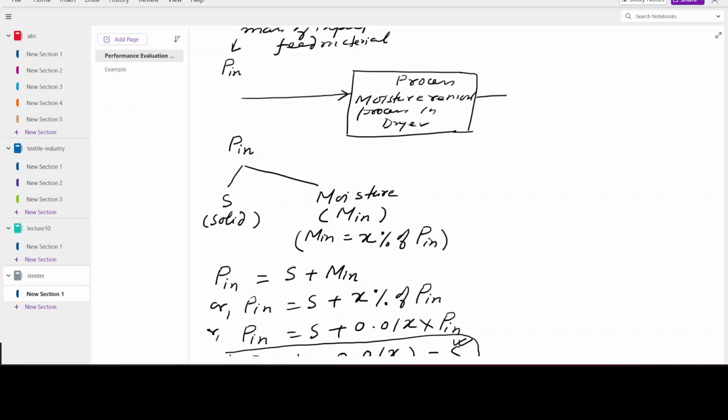Now after the process, we have P out. P out is the mass of output product material, fabric, cloth.